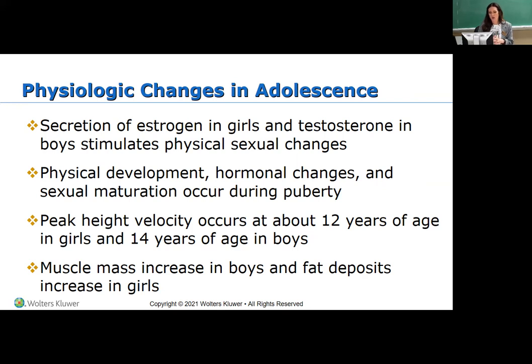When you're 12 years old, you think about boys versus girls, and you've got your friend groups. A lot of times girls will end up much taller, much more mature looking than the boys in their same class. So that can pose a bit of insecurity for our male patients.